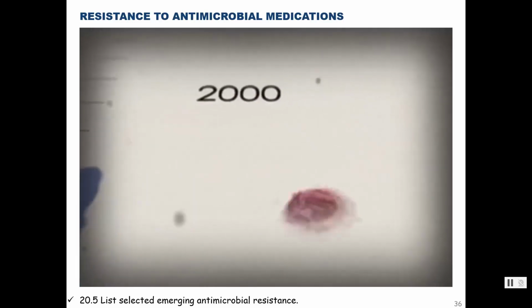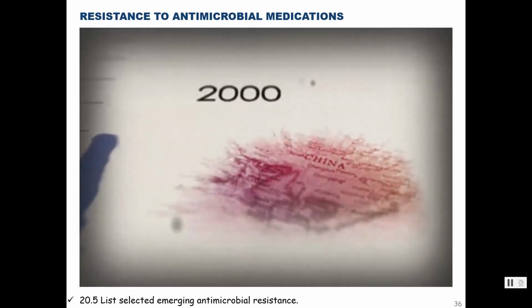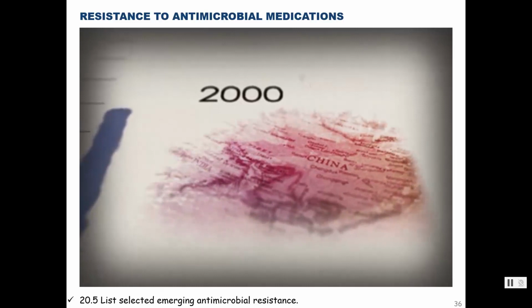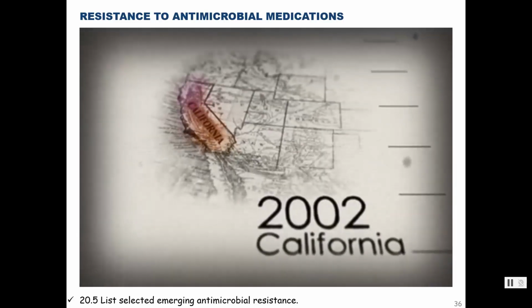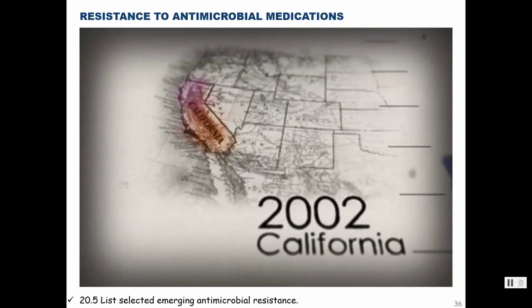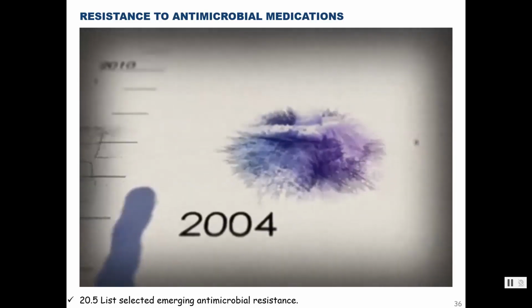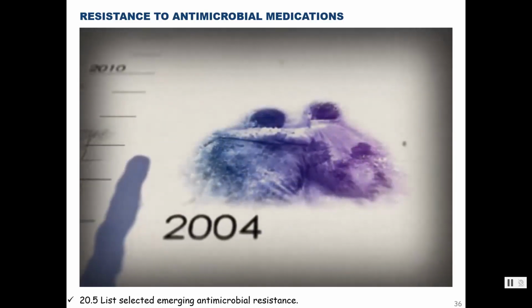In 2000, the drug is no longer recommended to treat people infected in Asia or the Pacific Islands. By 2002, this recommendation extends to California. By 2004, CDC no longer recommends it for men who have sex with men in the United States.